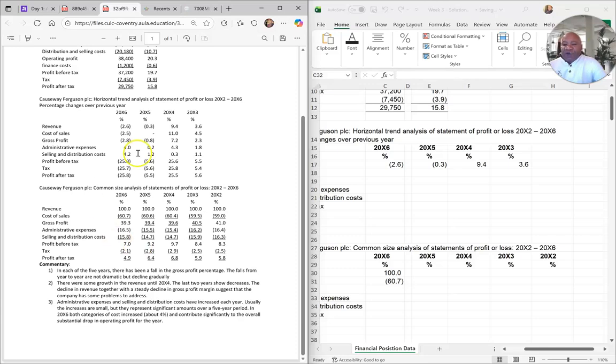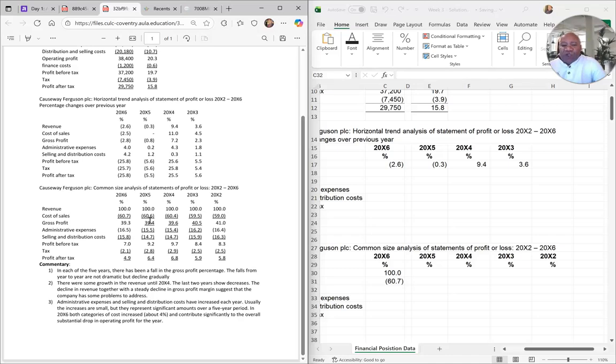You can see that if we look at this answer, each of the 5 years, there has been a fall in the gross profit. So you can see that the gross profit has fallen from 41%, 40.5, 39. There has been a fall, albeit a very slight fall.